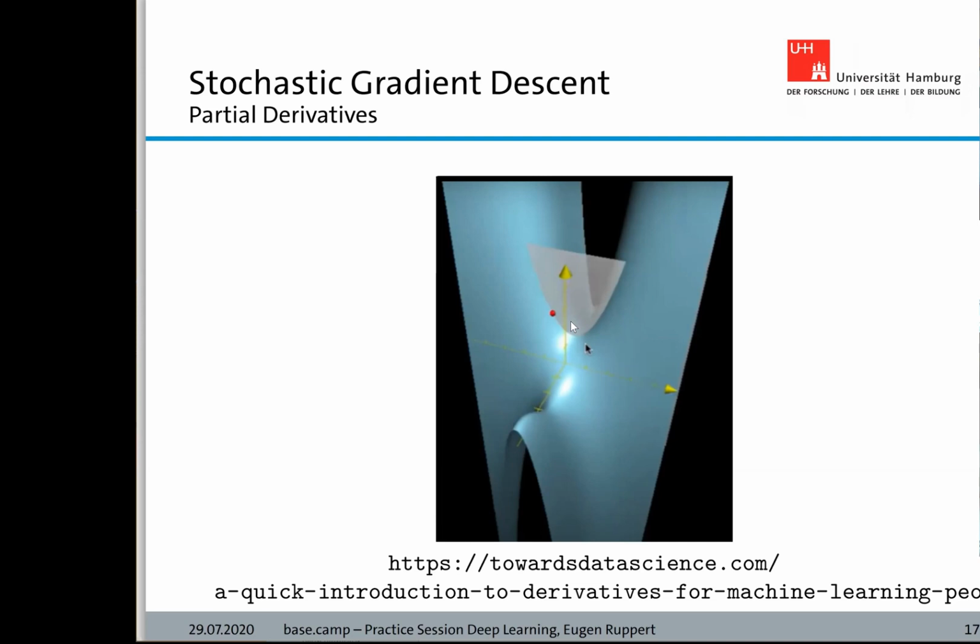But what do we do when you have a multi-dimensional landscape? So you have a lot of features. There you actually use partial derivatives. Partial derivatives means that you just freeze all of the parameters but one. So here we also have two parameters, and this would be the loss.